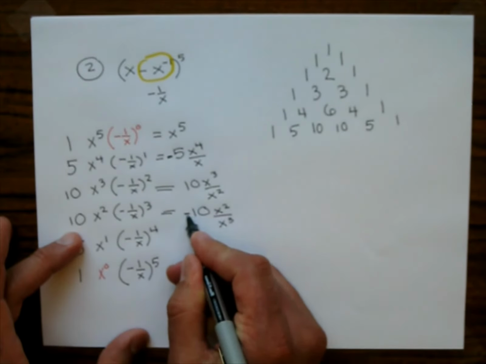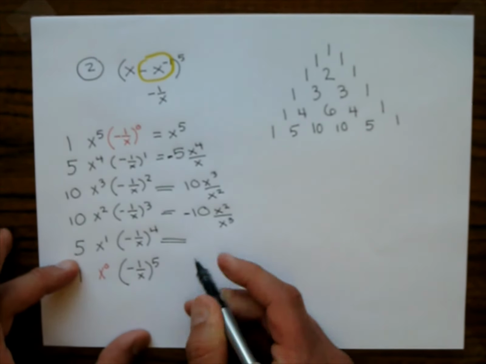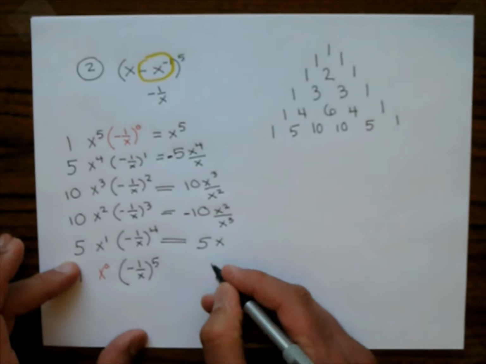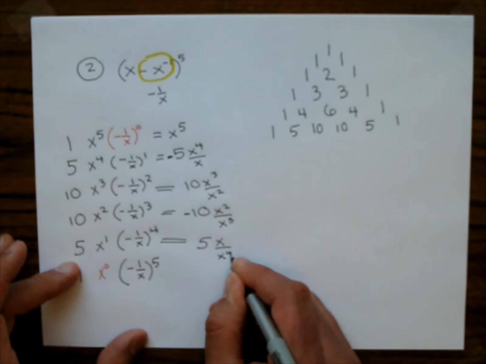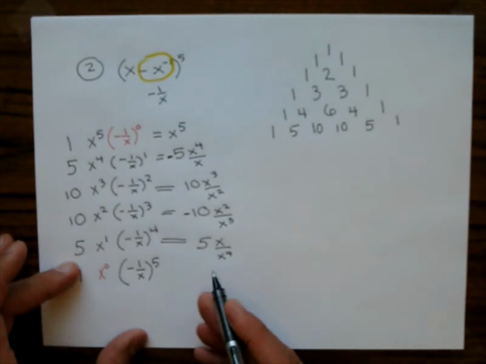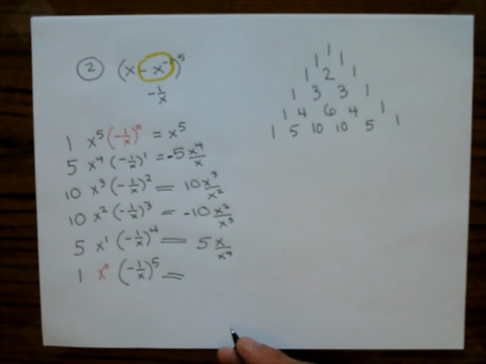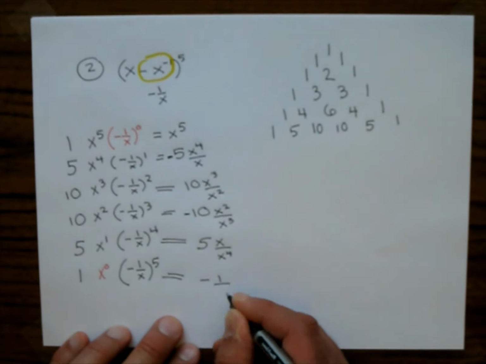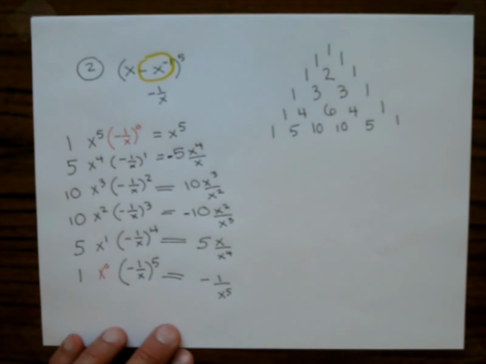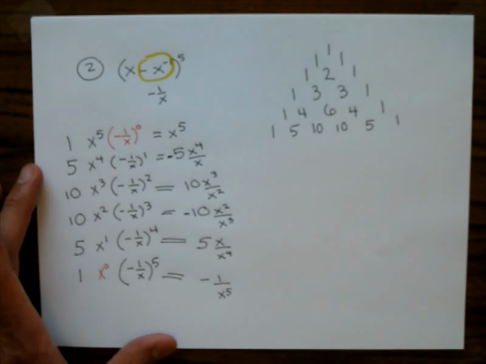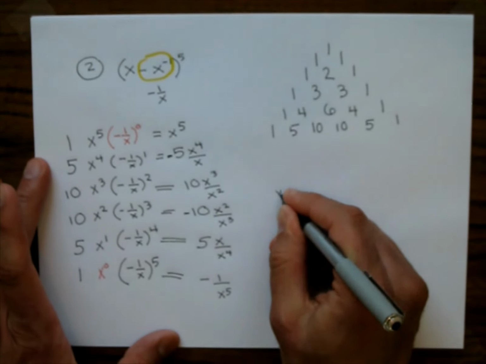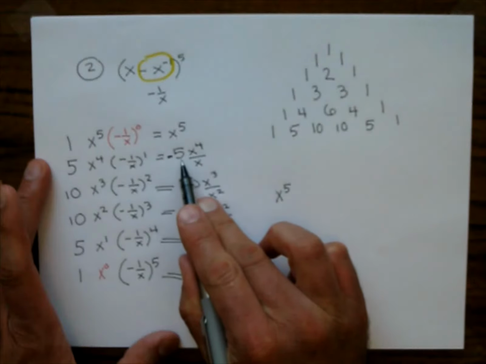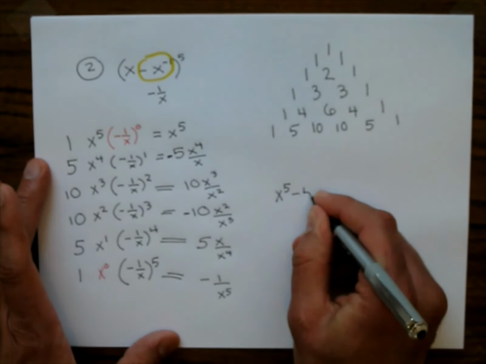This one right here is going to be 5x, because that's x there, over x to the 4th, and then the negative is to the 4th, so it's positive. And then this one's going to be negative 1 over x to the 5th. So when we write these out as 6 terms, we have x to the 5th, and then minus 5x to the 3rd.